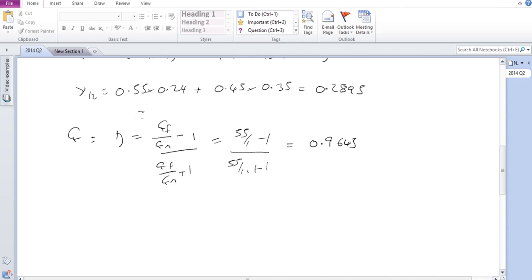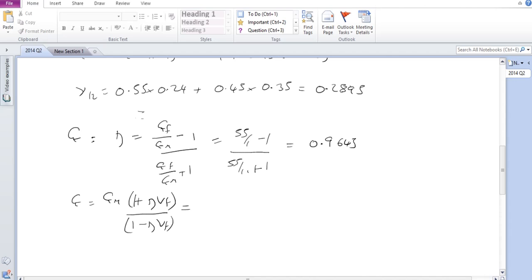0.9643. And then we have that the shear stiffness is given by the matrix shear stiffness times (1 plus eta VF) divided by (1 minus eta VF).